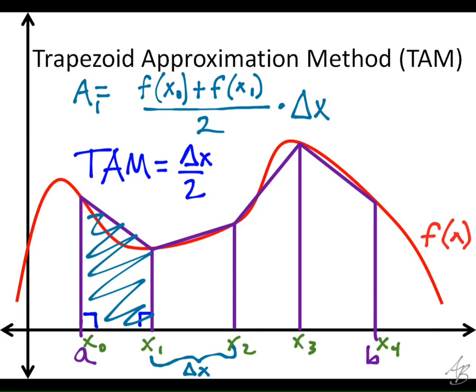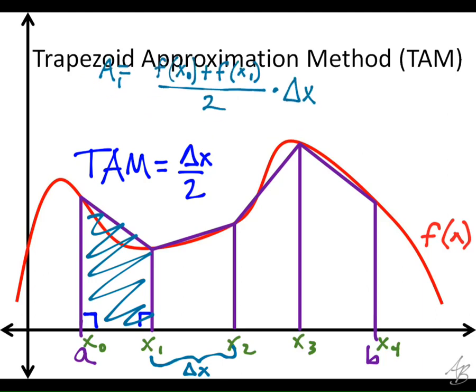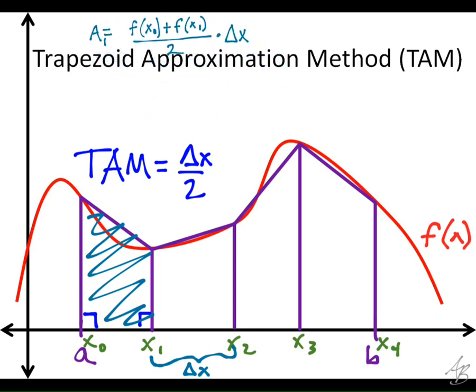Now, what are they not going to have in common, but what are they all going to have? The heights of those functions, right? So let's think about this. The first one is going to have f of x sub 0 plus f of x sub 1. What's the second one going to have? f of x sub 1 plus f of x sub 2. What about the third one? x sub 2 and x sub 3.